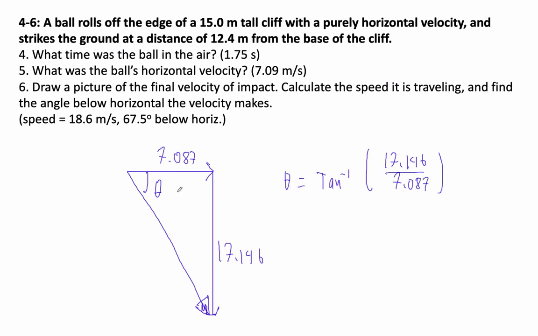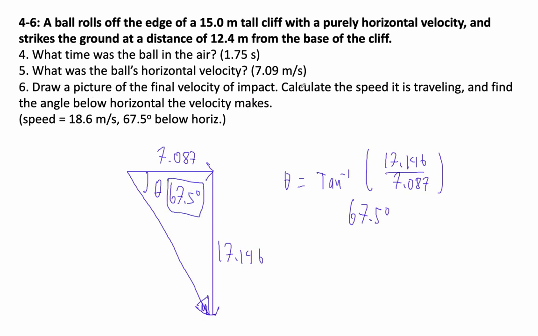We fully expect this to be bigger than 45 degrees because of the way I've drawn this, right? So second tan of that guy divided by this guy: 67.5 degrees. So label this guy 67.5 degrees, right?